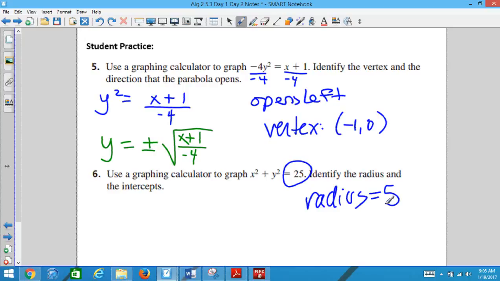So type that in. Then divide by -4, then close that other parenthesis. So you haven't graphed anything yet. You've got to sit here and get help immediately.